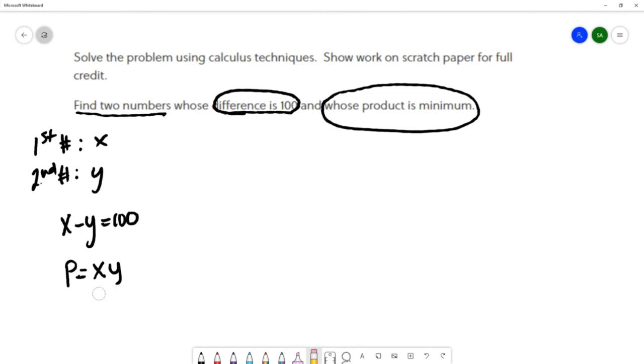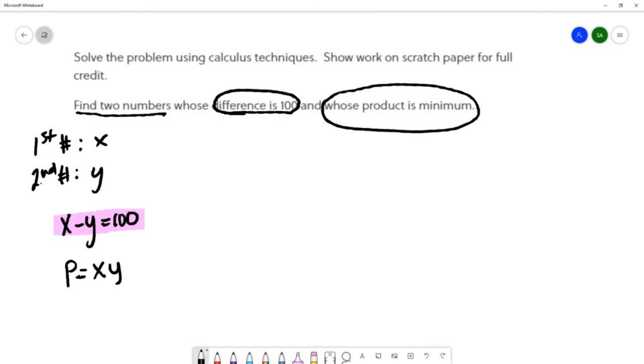But the problem is that we're using single variable calculus, and so we need for our equation to have only one variable in it. So we're going to use this other information, the fact that their difference is 100, to reduce the number of variables in our equation that we want to optimize.